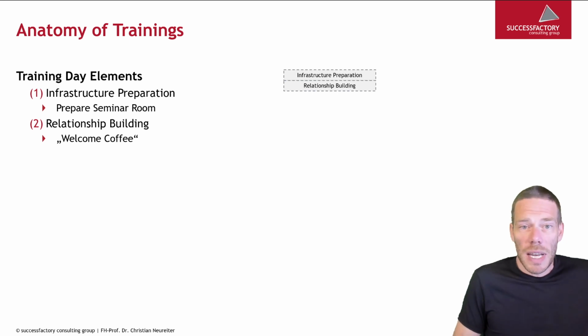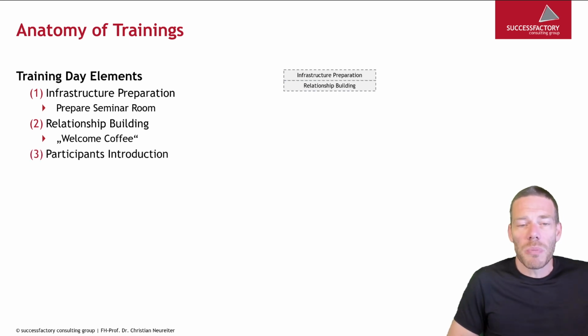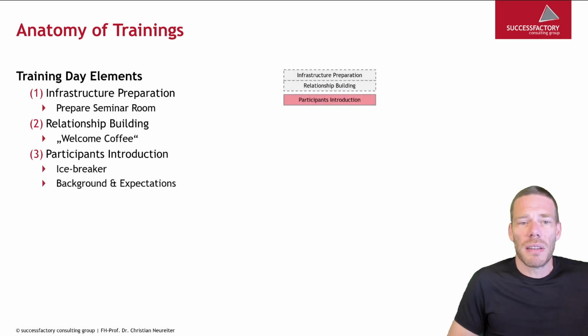Then, when the training starts, we start with the participants' introduction, which is intended to be an icebreaker on the one hand. We really want every participant to say something. And aside from the meta level, of course, we are also curious to learn about the background of the participants and their expectations.